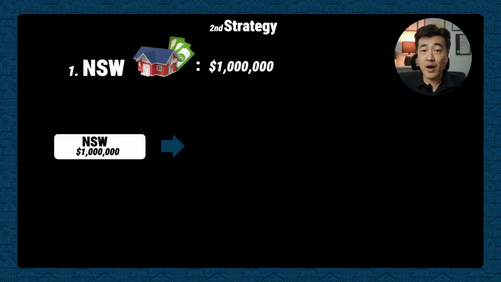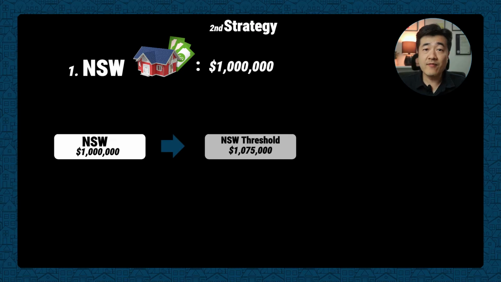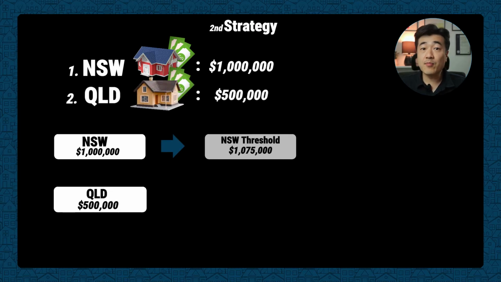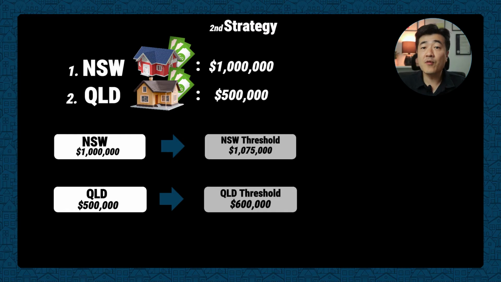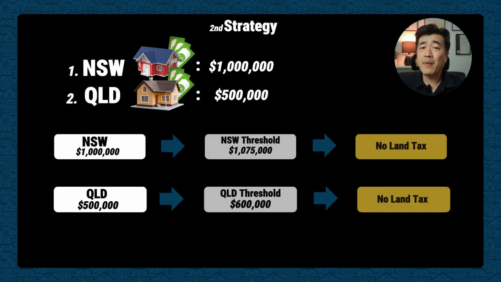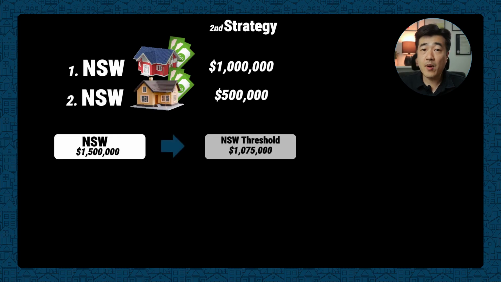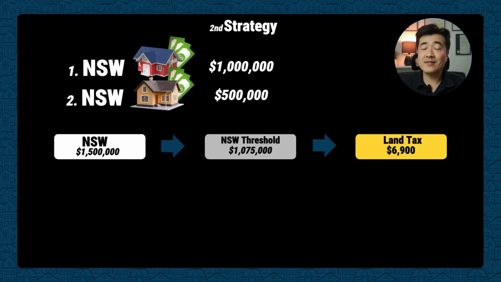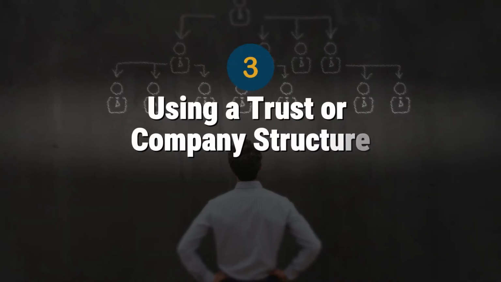For example, if you buy a property in New South Wales with a land value of $1 million and another property in Queensland with a land value of $500,000, you will not pay any land tax in this case because both properties' land values are less than each state's threshold. Whereas, if you buy both properties in New South Wales, you have to pay $6,900. This simple diversification can save you thousands of dollars. Isn't that amazing?